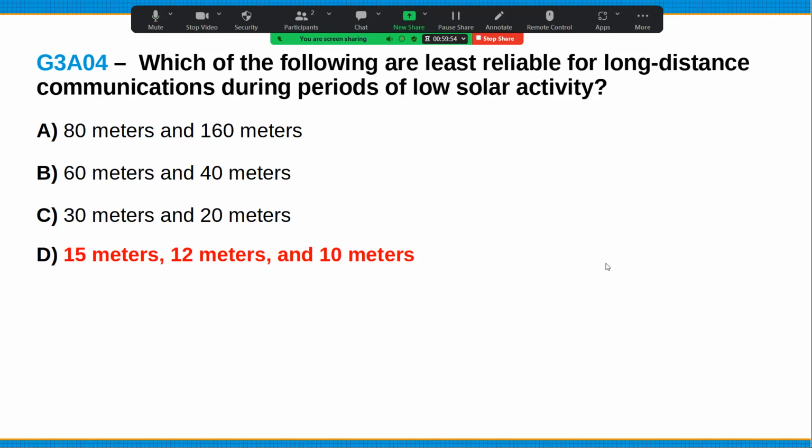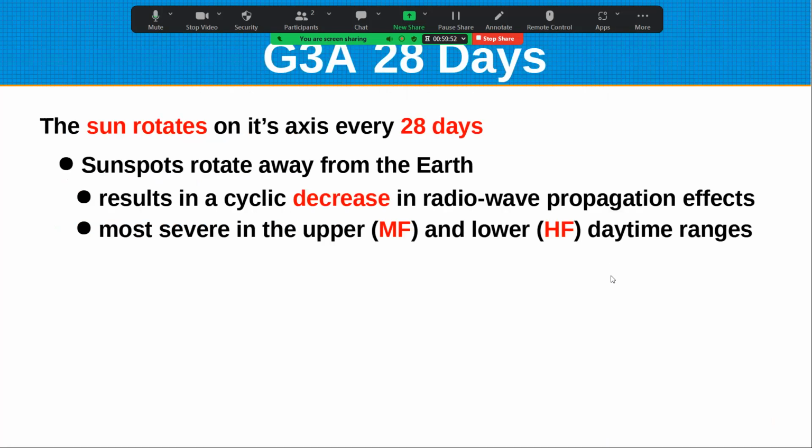Goes above 20 meters. All right, the sun rotates like the Earth, has a 28-day cycle. At least the outer surface of the sun rotates in a 28-day cycle. Apparently, the inside doesn't necessarily turn that fast.